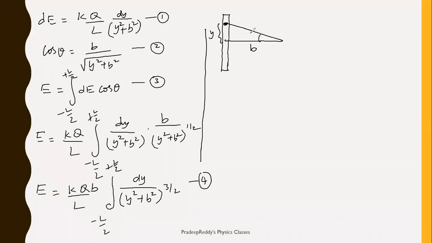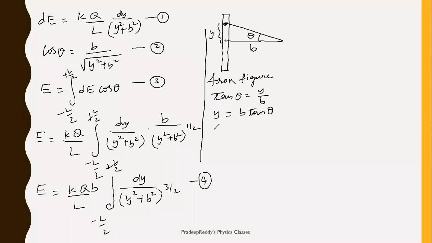I can take this angle as theta. Now from this figure I can write tan theta is equal to opposite side y divided by adjacent side b. So what do you write for y? Y is equal to b tan theta.